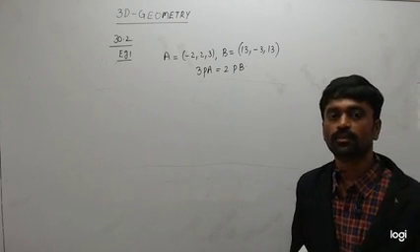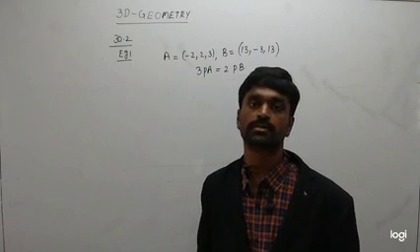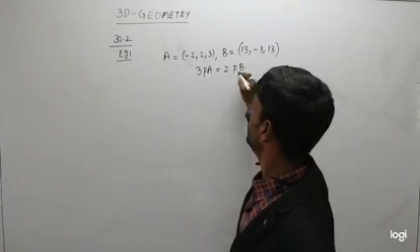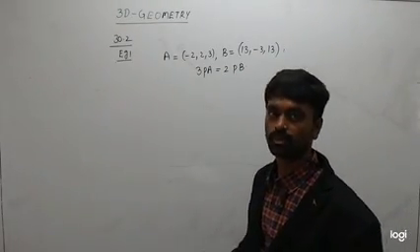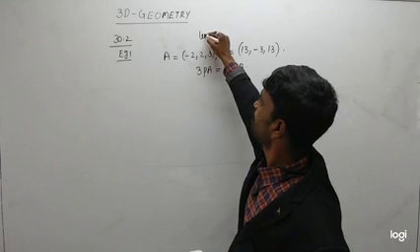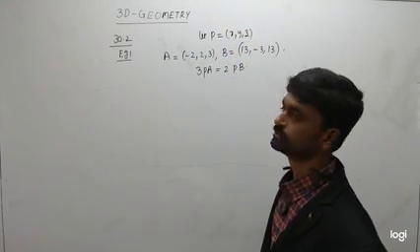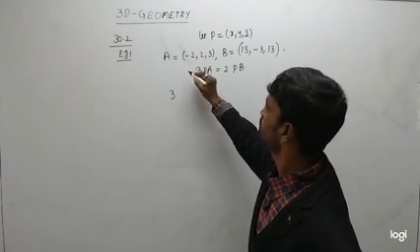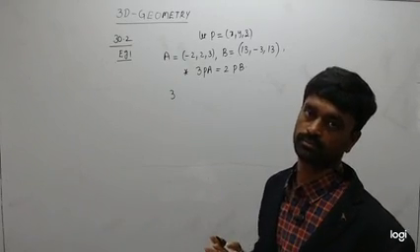Here the name of the locus is sphere. P is a point on the locus, and we have to find the locus of the point P only. So let us consider the coordinates of P as (x, y, z). Using this geometrical condition, we have to find the locus.